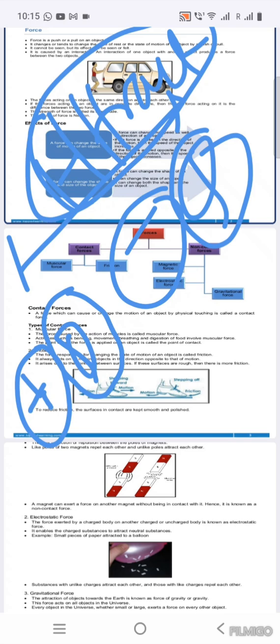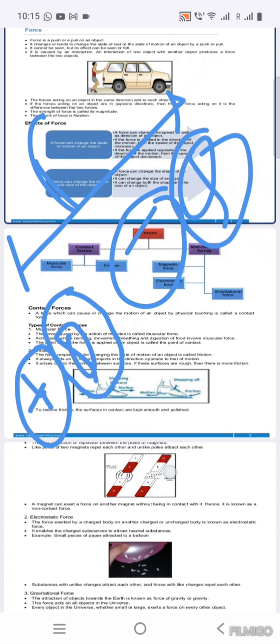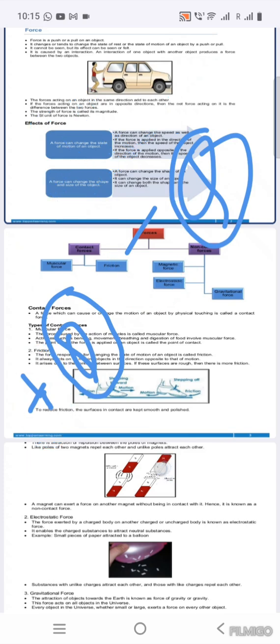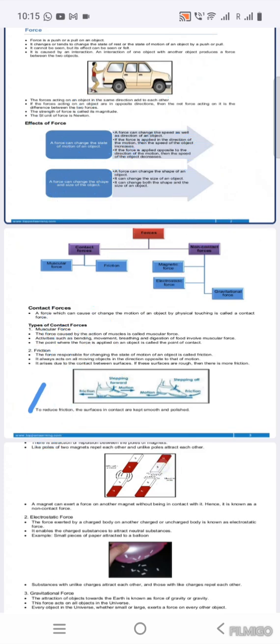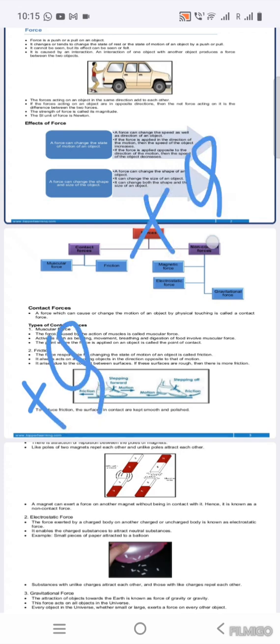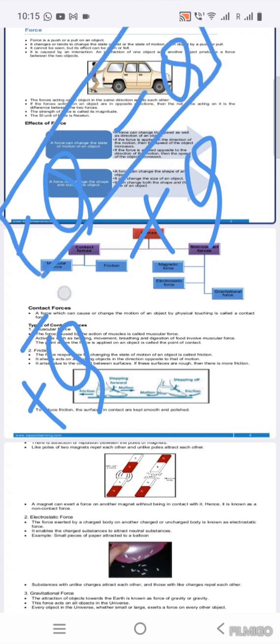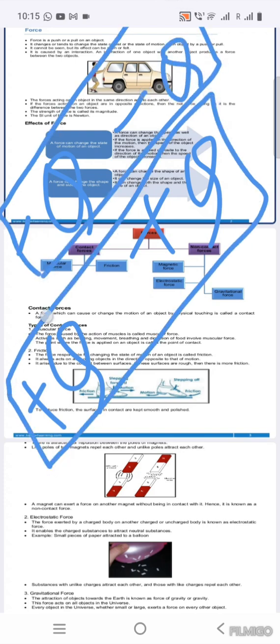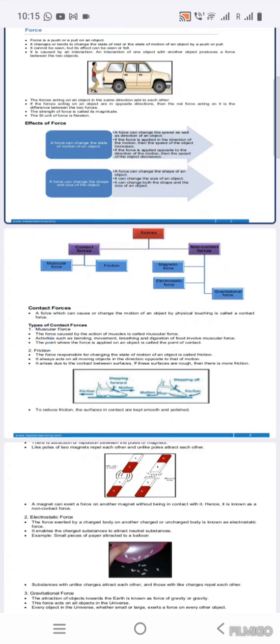Now if both charges are of the same type, one positive and another also positive, or one negative and another also negative, then a force of repulsion acts between these similar charges. Such a force is known as electrostatic force.